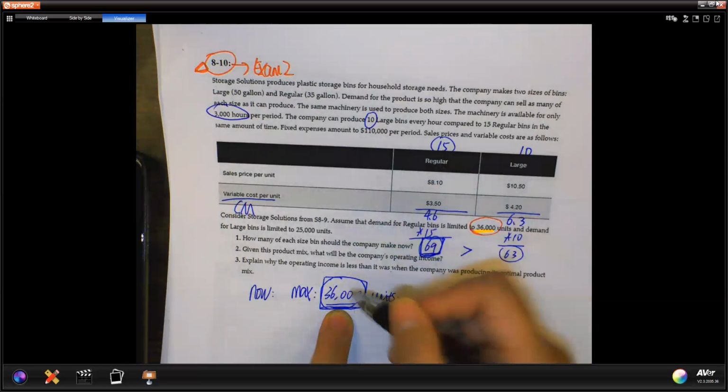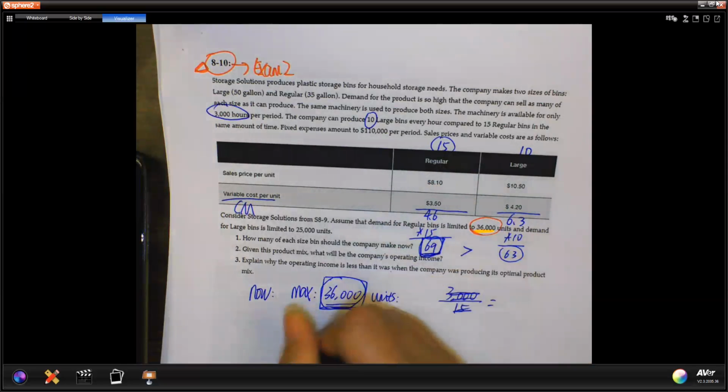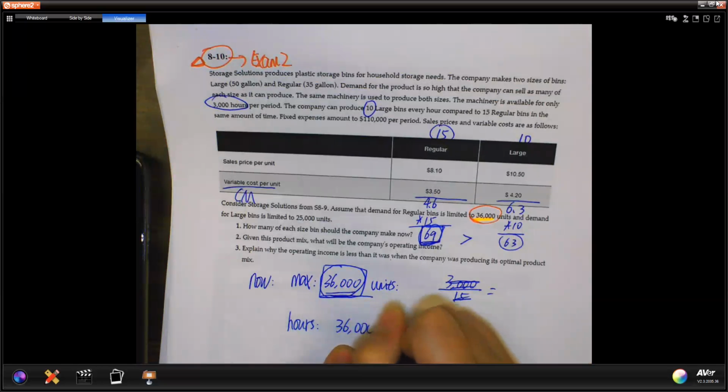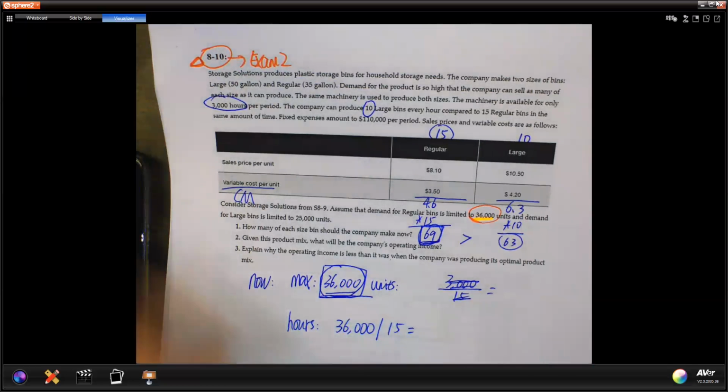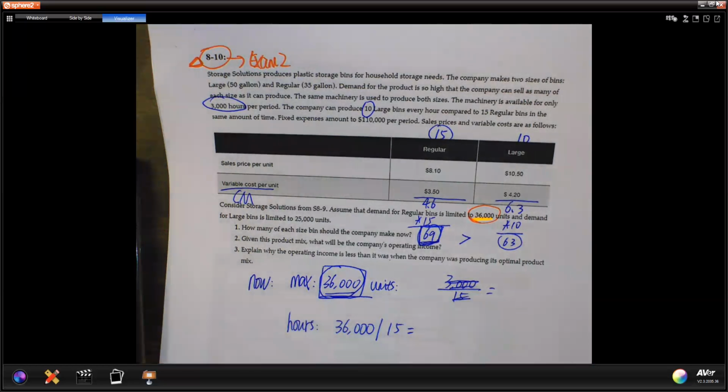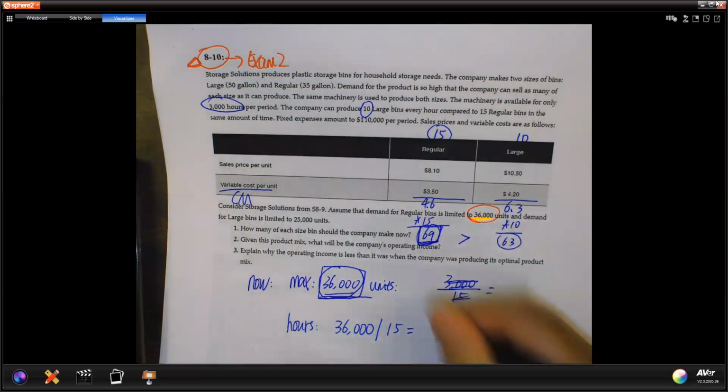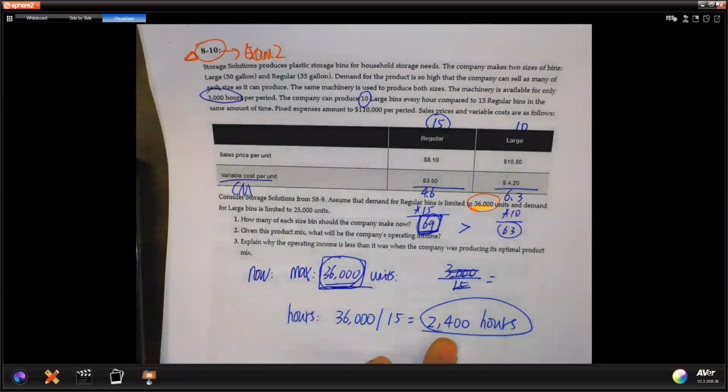So for 36,000 units, how many machine hours we need is 36,000 divided by 15 for 1 hour. So we need how many machine hours? Sorry about that, I made a mistake. 36,000 divided by 15, we need 2,400 machine hours. So we need 2,400 machine hours.